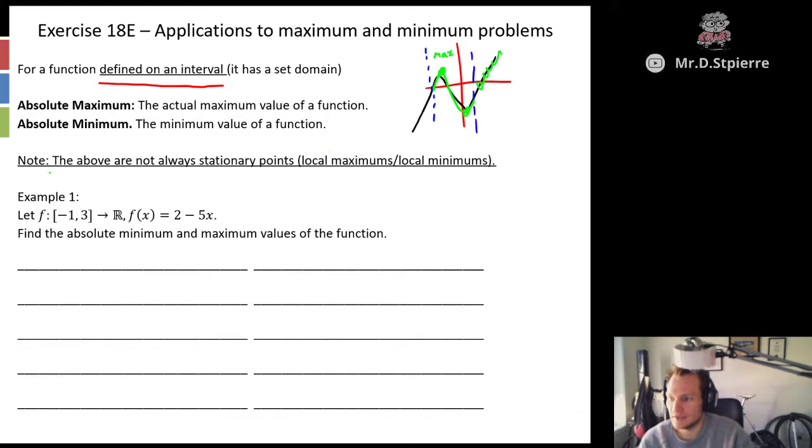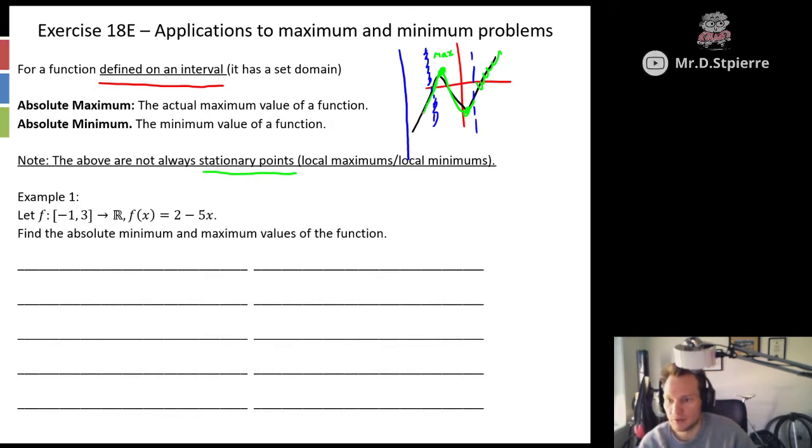Now, as it says here, note, the above are not always stationary points. Absolute maximum point and absolute minimum point might not always be a local max or local min or a turning point, because what could happen, let's say for example, instead I change my domain to be somewhere down here.